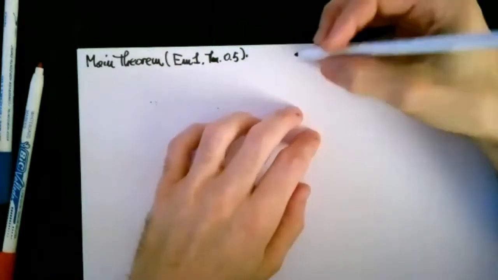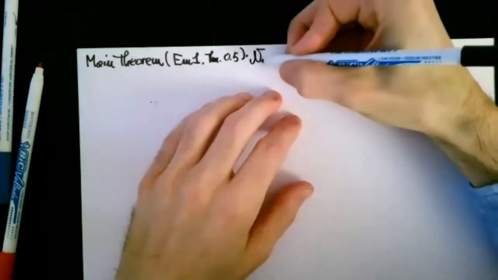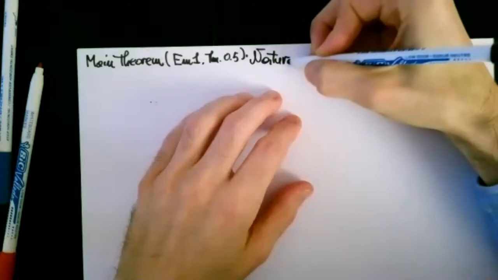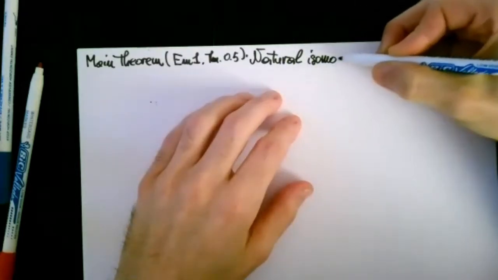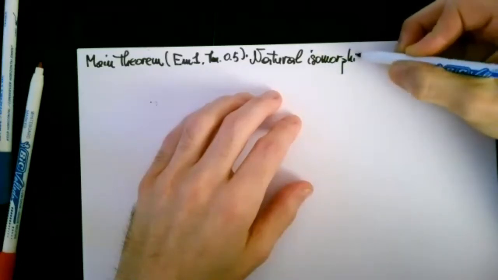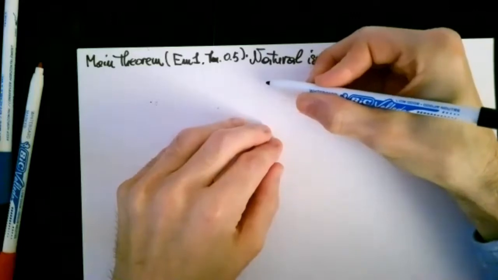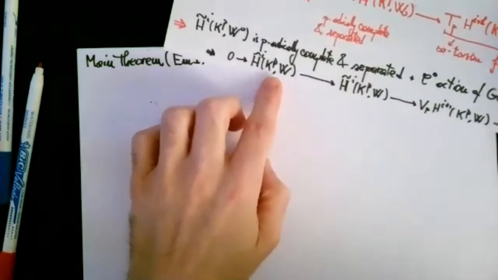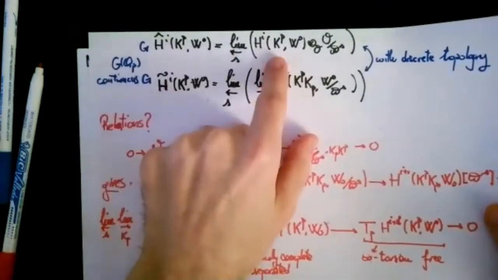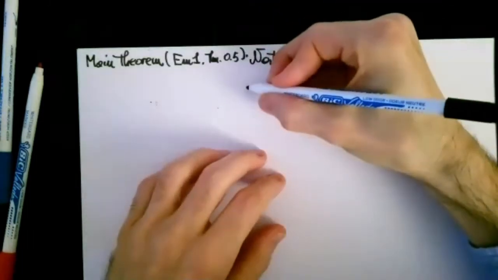So we have a natural isomorphism given as follows. This is the p-adic completion of our space here. So we have a natural map of H^i.